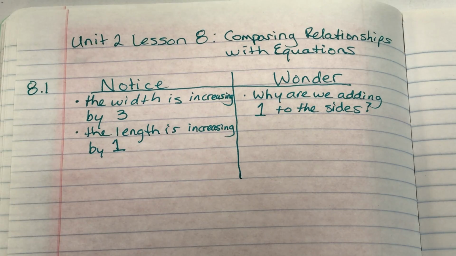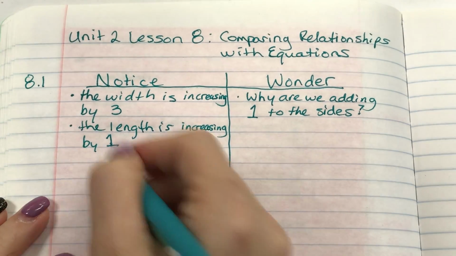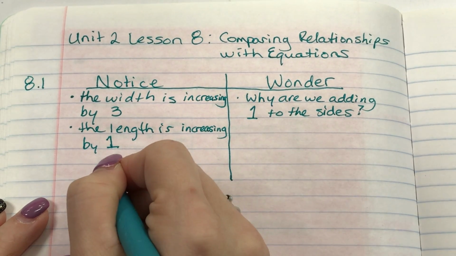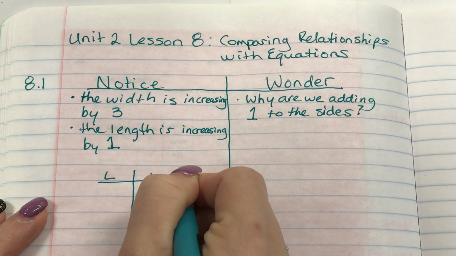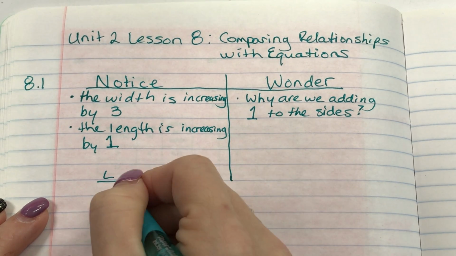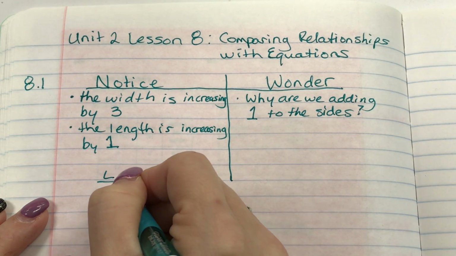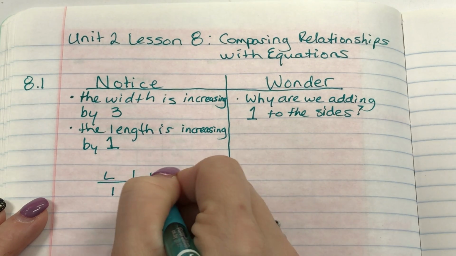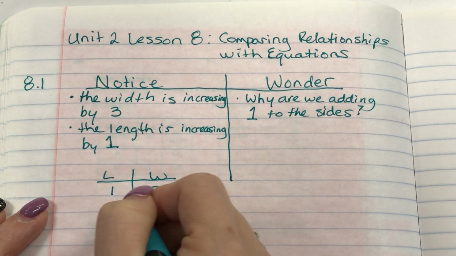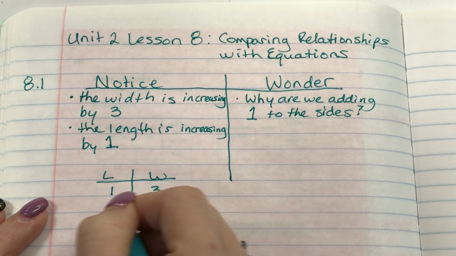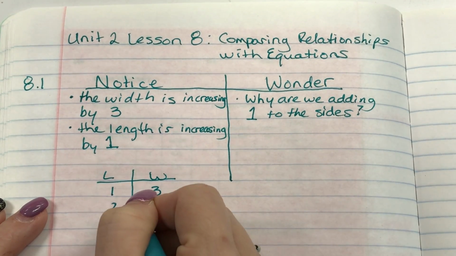Yeah, but I'm just kind of confused now. So if we did length and width, and the length was 1 up, 3 over, and then we've got 2 and 6, then we've got 3 and 9.